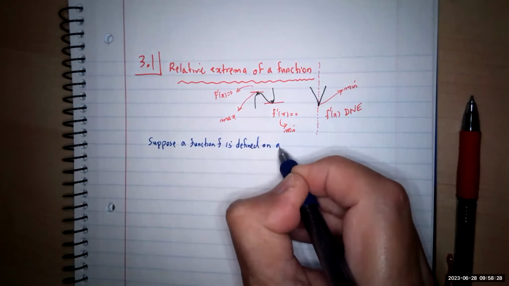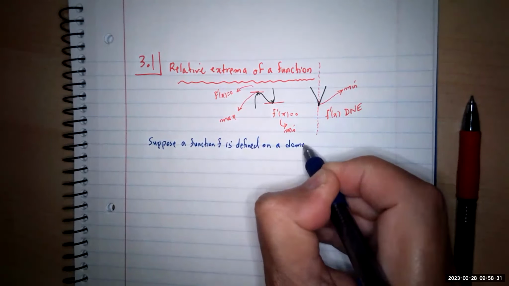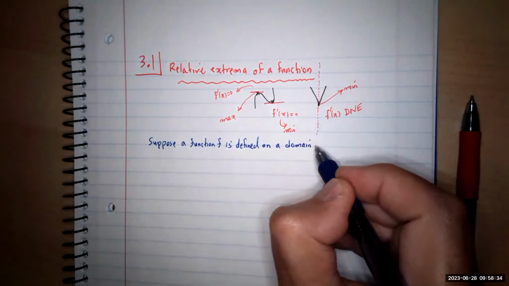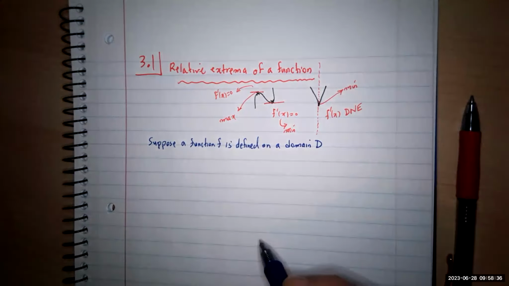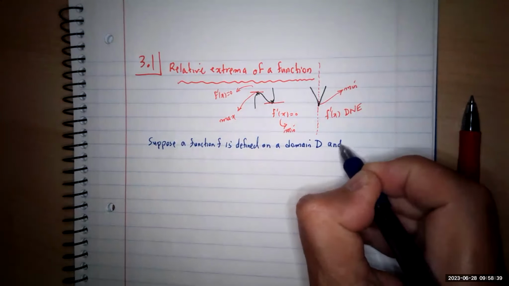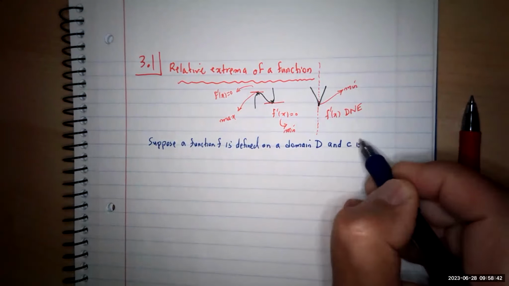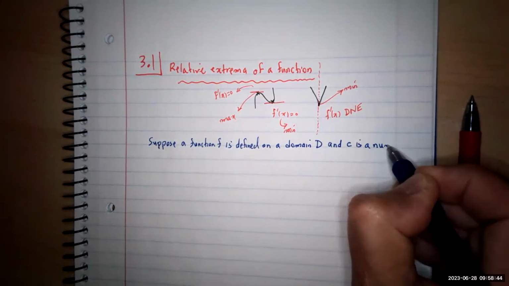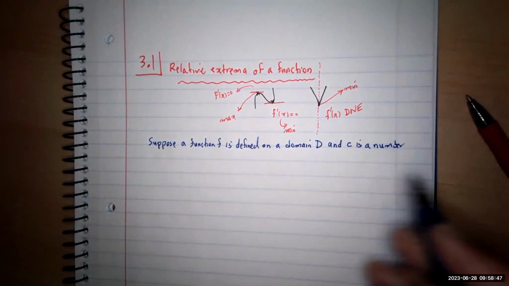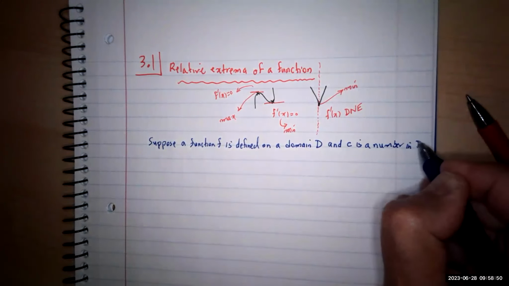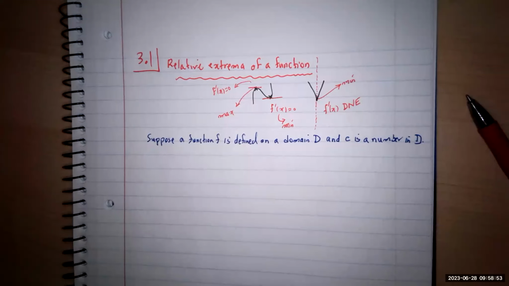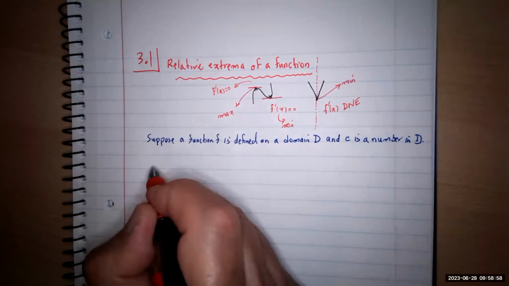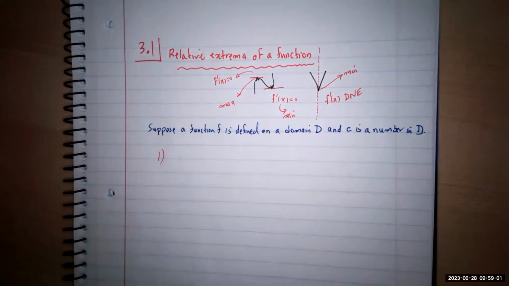Define f on its domain D, and c is a number in the domain D. So we have a function and we pick c in the domain. Now, first, I'm going to define the relative minimum of the function.